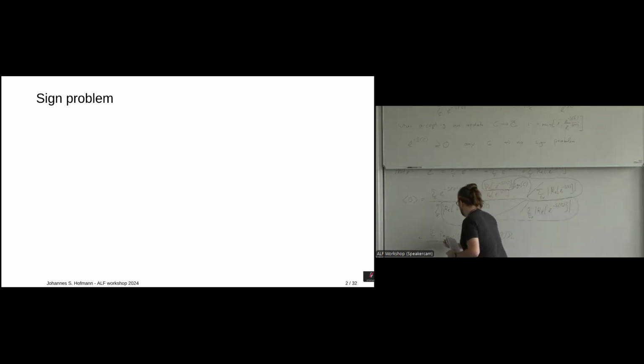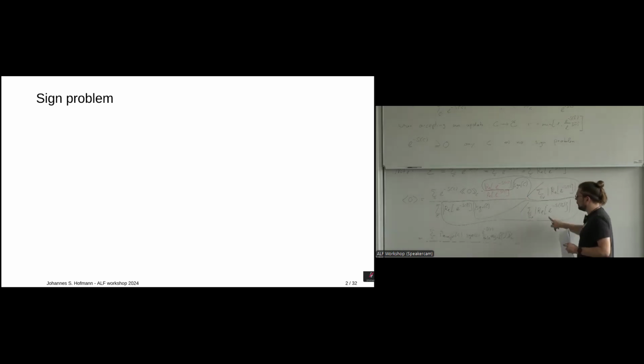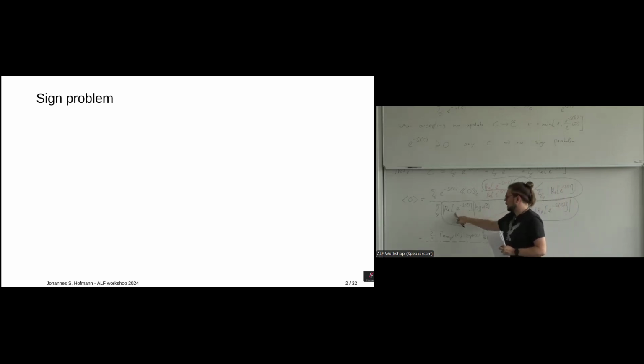And this was only the numerator. Now, if I look at the denominator, I have the sign of C and the probability. So here I have a sum over C tilde. I have the sign of this configuration, sorry, not C prime, C tilde, and I have the probability with a reweighting of this configuration C tilde.